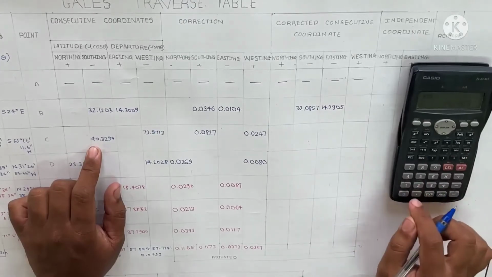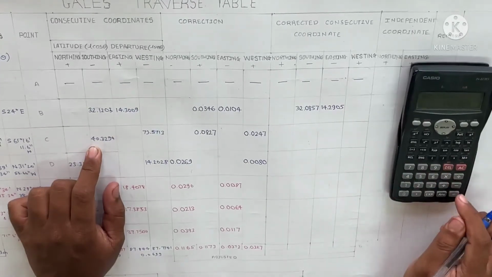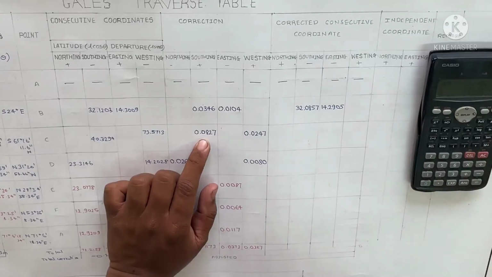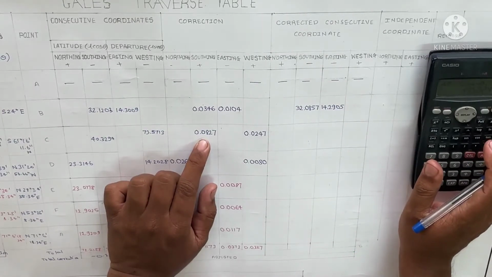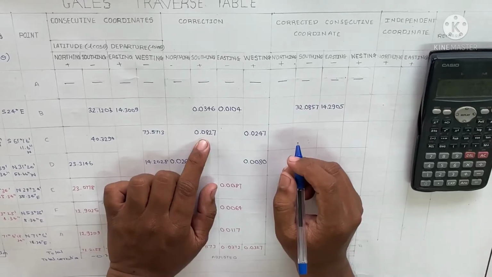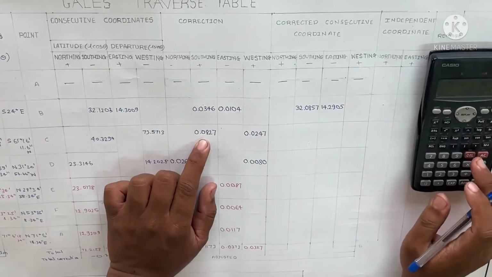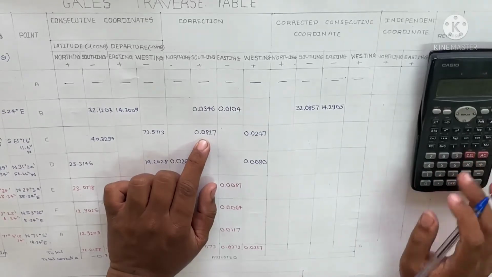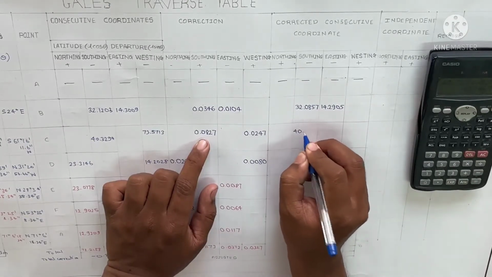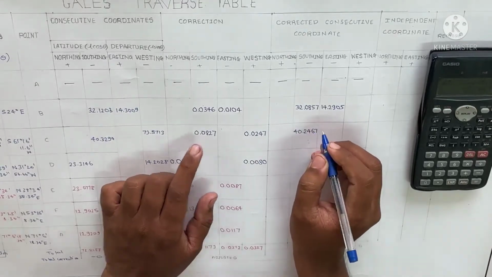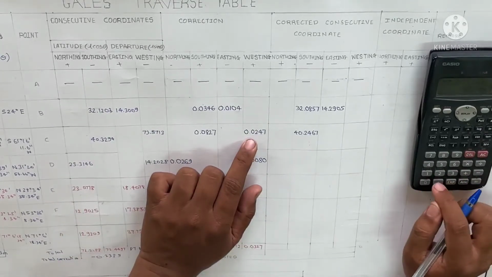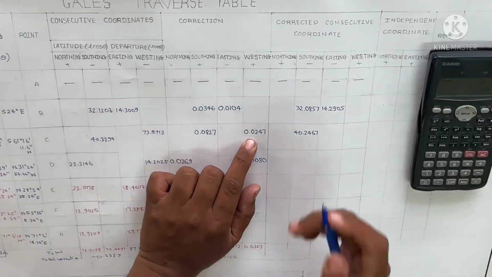Next southing, 40.3294 minus 0.0827, which is coming out to be 40.2467. Westing, 73.5713 plus correction 0.0247, so it is 73.596.